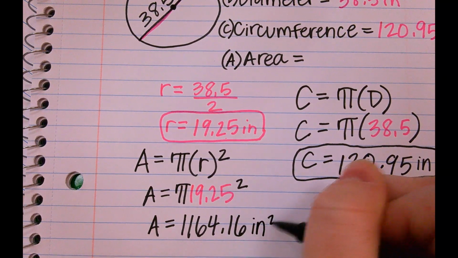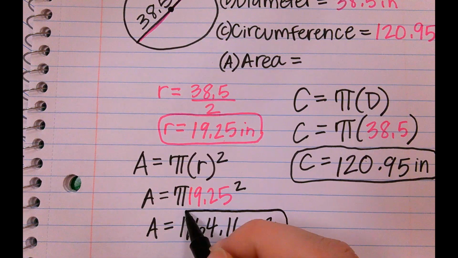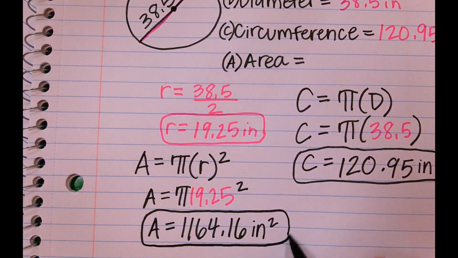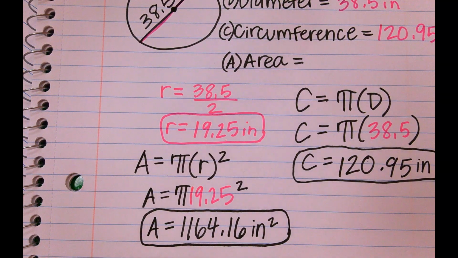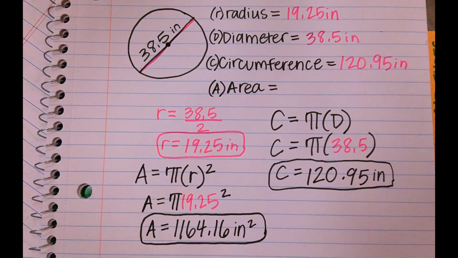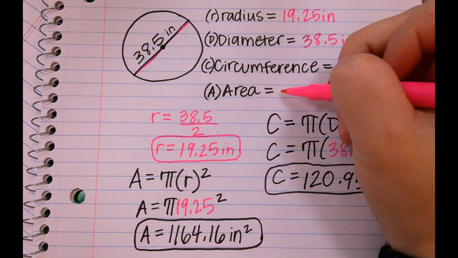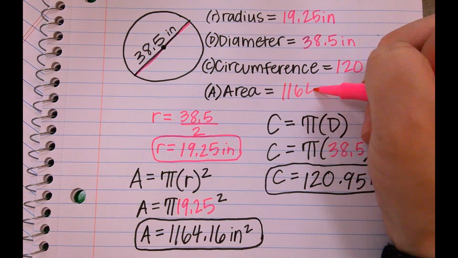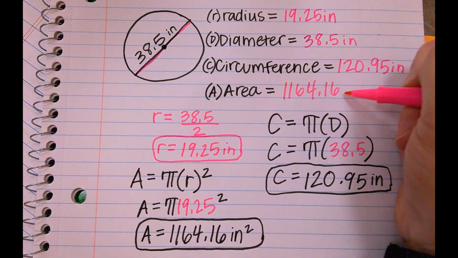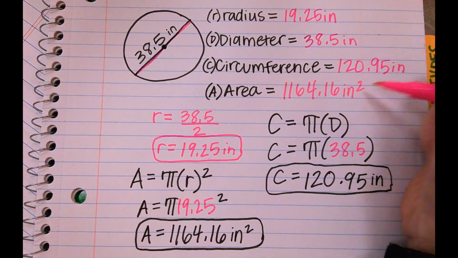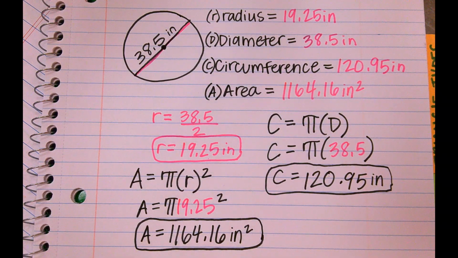Good. Inches squared. Very nice. So we'll put that in the spot that says area equals 1164.16 inches squared.